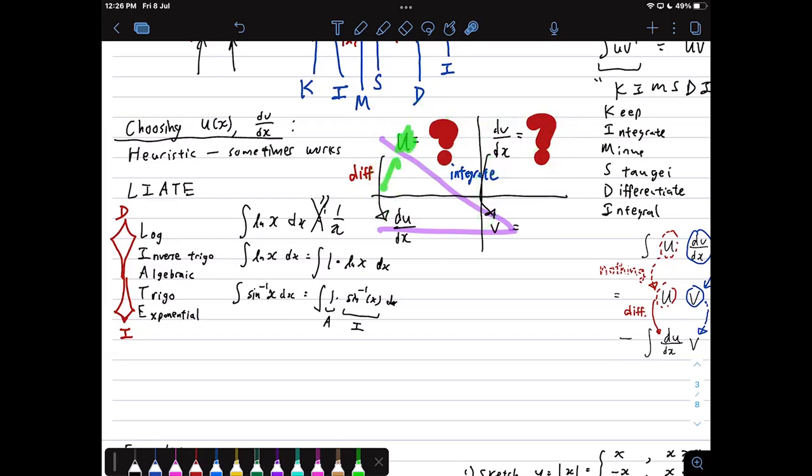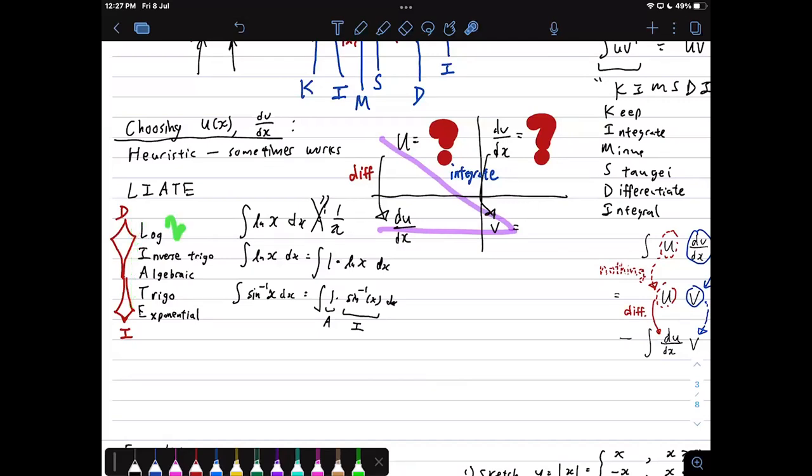Is it U that's going to be differentiated, or is it dV by dx that's going to be differentiated to get d2v by dx squared? U. Correct, well done. It is U that has to be differentiated into du by dx. So for the choice of U, you would want to pick something closer to logarithms, and then slowly work your way downwards, like a priority list.